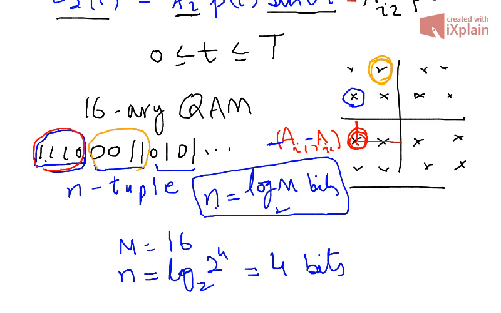Here again we have 2 coordinates, x and y. The x-axis is negative and the other one is positive. So we have AI1 and AI2, similarly for the second symbol. Suppose this is our first symbol to be transmitted, S1, and this is our second symbol to be transmitted, S2.